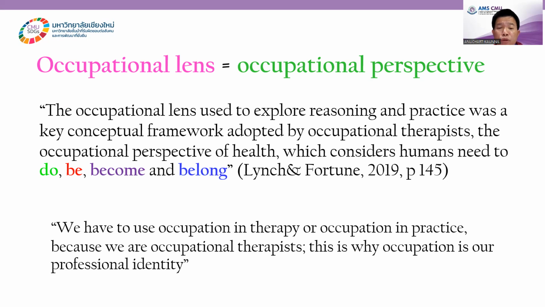Why do we use occupation in therapy, or in practice? Because we are occupational therapists. This is why occupation is our professional identity. This is why we need to keep occupation at the center in the long run.